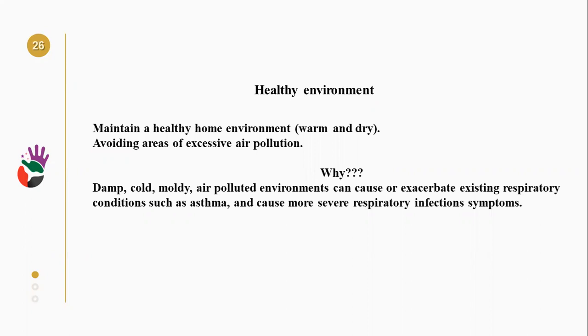Why should we keep a warm and dry environment? Because damp, cold and moldy environments and air polluted environments can cause or exacerbate existing respiratory conditions, especially asthma, and can cause more severe respiratory infection symptoms.